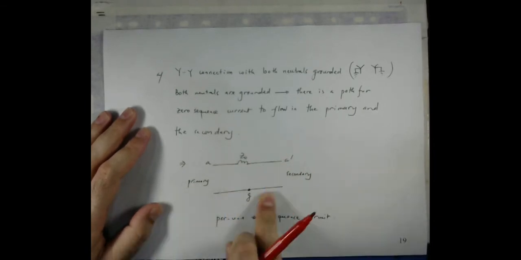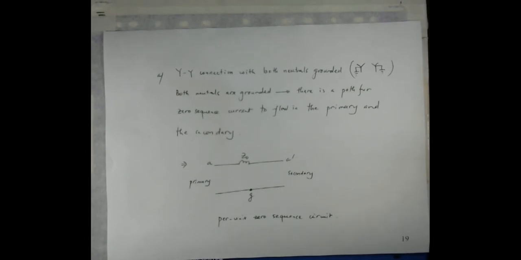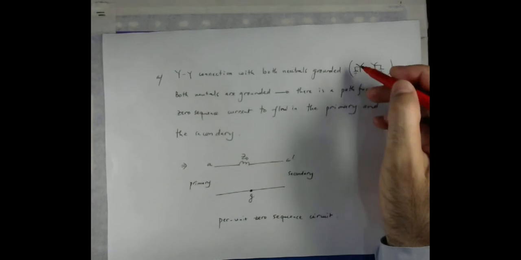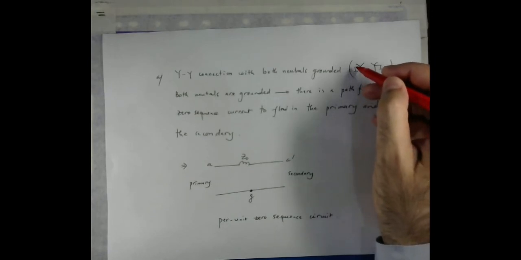In the moment we are talking about the zero sequence networks, because the zero sequence current flows only through the impedance to the ground. The other two sequence currents do not flow through the impedance to the ground.